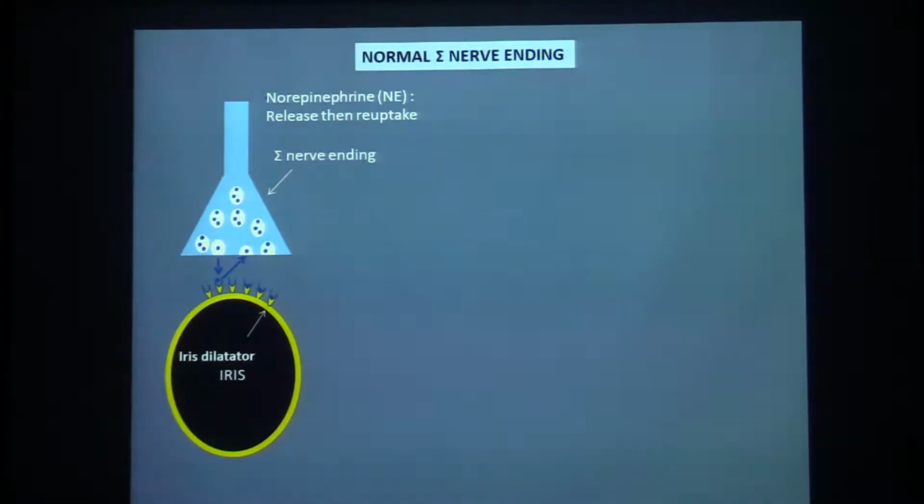Normally, the normal sympathetic nerve ending is full of norepinephrine, and the norepinephrine acts as a stimulator for the iris dilatation. So the norepinephrine is just released. It stimulates the receptors and the iris dilatation comes, and after it is reuptaken. This is normal.